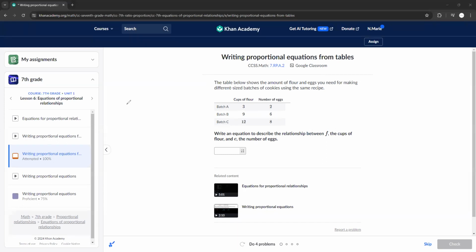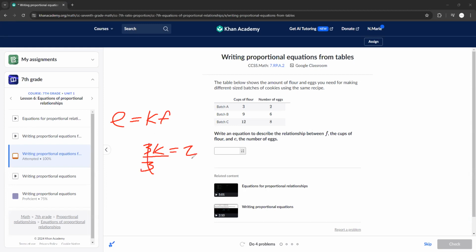Okay, so E, the number of eggs is equal to how many cups of flour times F. So here, if this is 3, 3 times what equals 2?